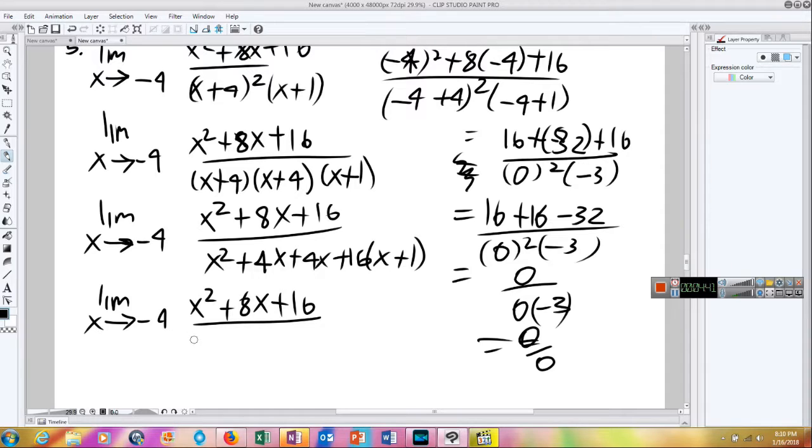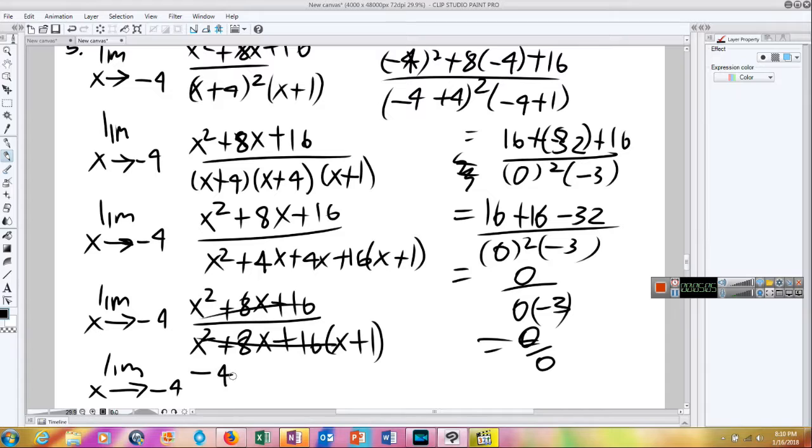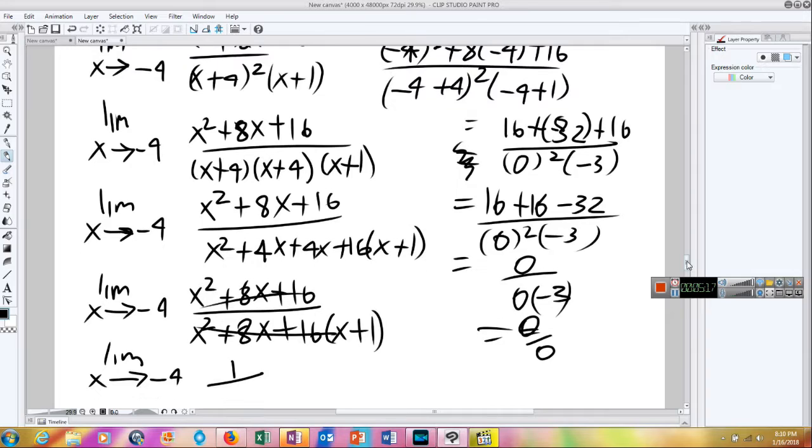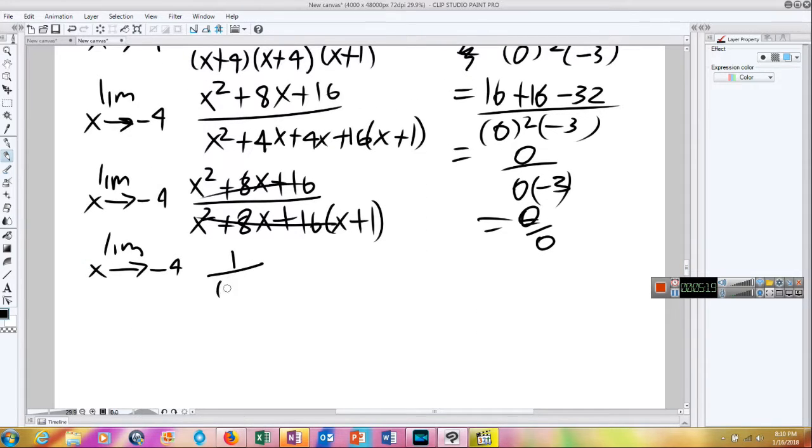So we get x squared plus 8x plus 16 times x plus 1, and these cancel, so we end up with the limit as x tends to negative 4 of 1 over x plus 1.